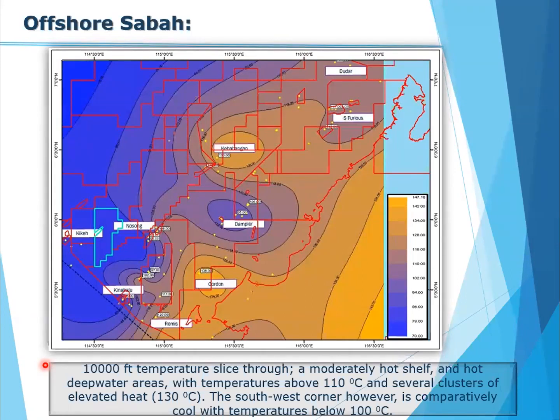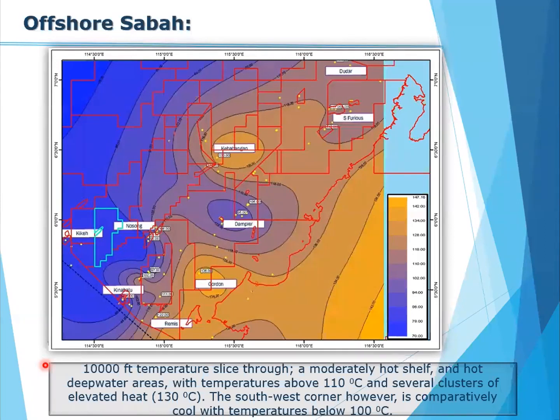Yellow is a very hot temperature gradient area, and blue is a low temperature gradient area. And this is very important, because if we go to the yellow areas, which are a bit more inboard, and try to go for deep reservoirs, we have such a high heat flow there that most likely we may not have viable reservoirs. Even if the hydrocarbons would be there, the reservoir would simply not work. And then we have reservoirs which are perhaps deeper and further offshore in a cooler area.